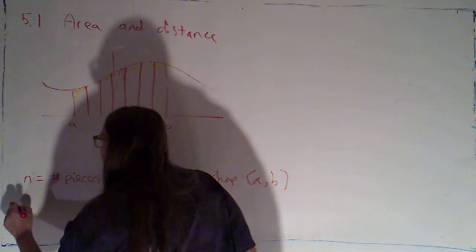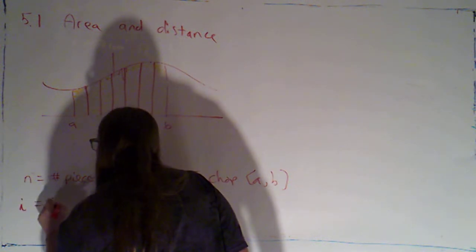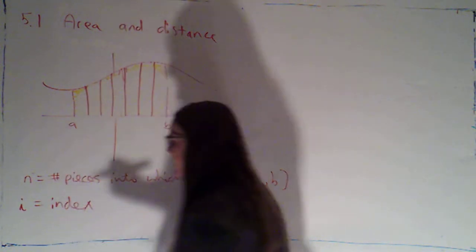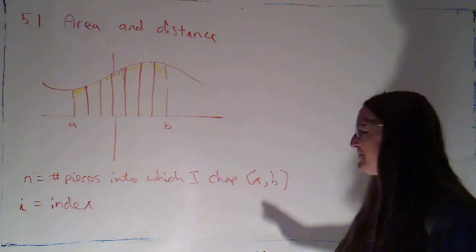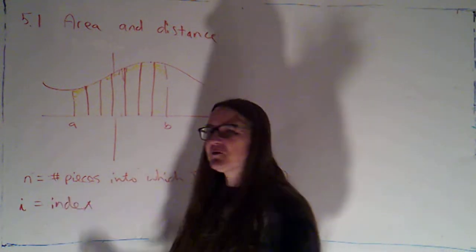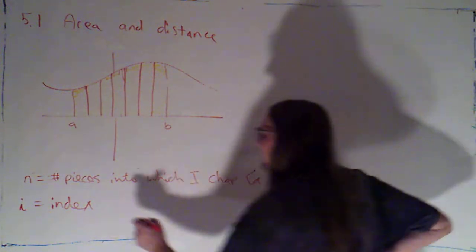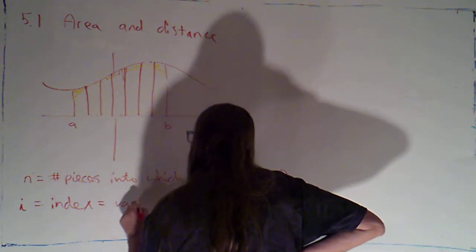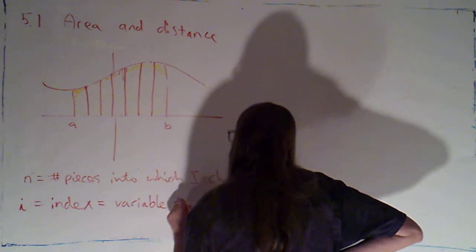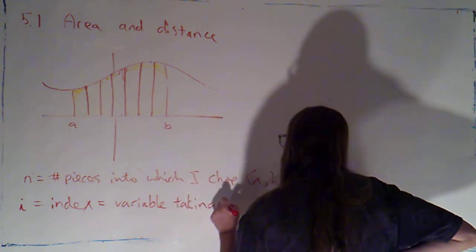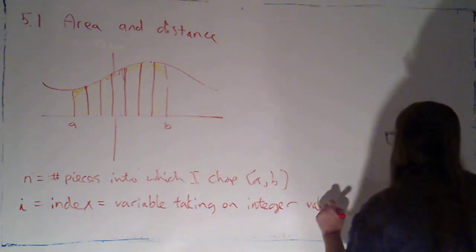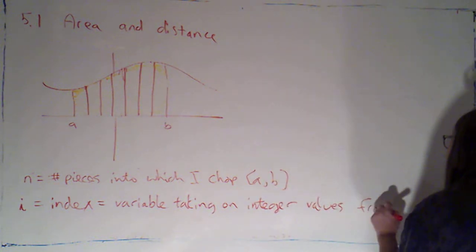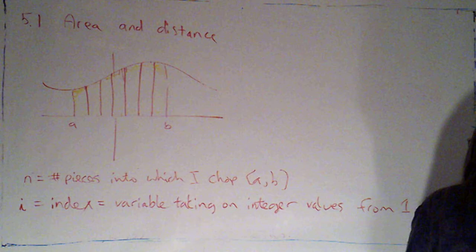I'm going to let i be my index. Now that's not the imaginary number i. We're working completely in the real numbers here. I'm using i just because the word index starts with that. And this is going to be a variable taking on integer values from 1 to n.